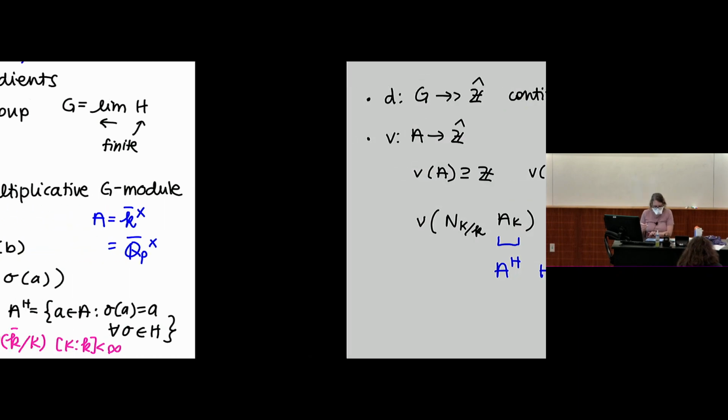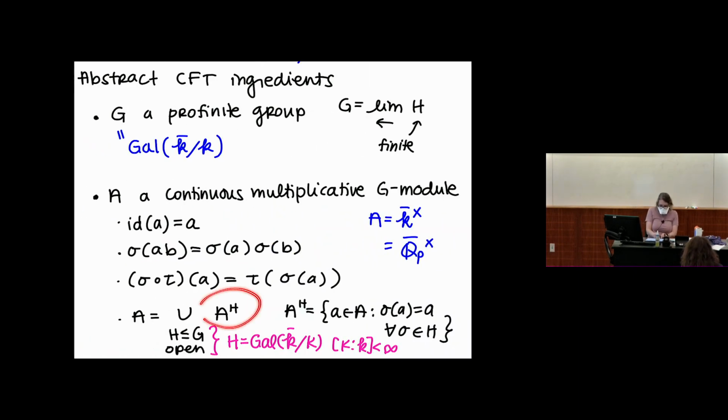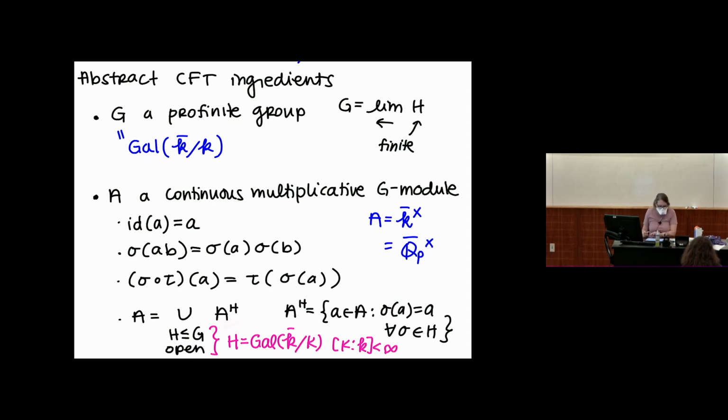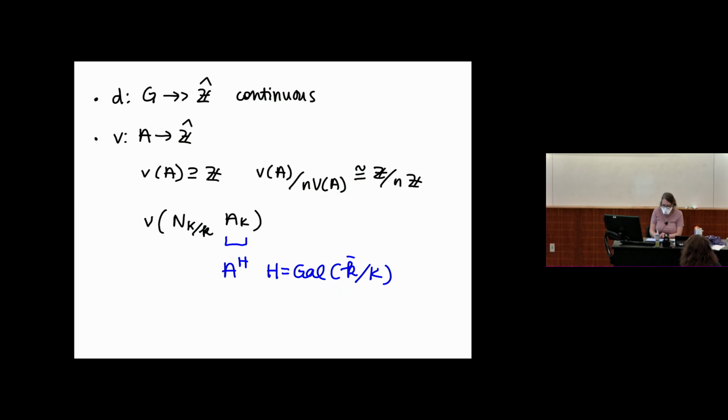So like these finite parts of it, or the finite extensions, if you want to think of it that way, when you take the norm group of some finite chunk of it, it has to agree with the D map, like this.